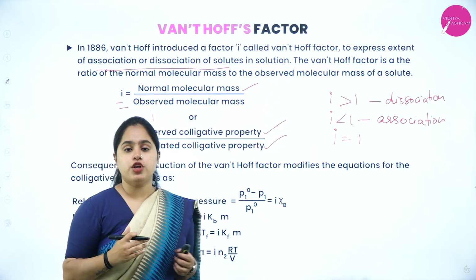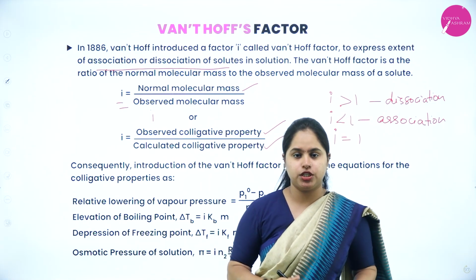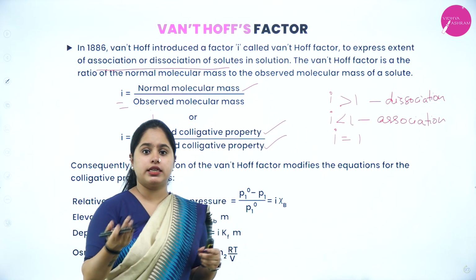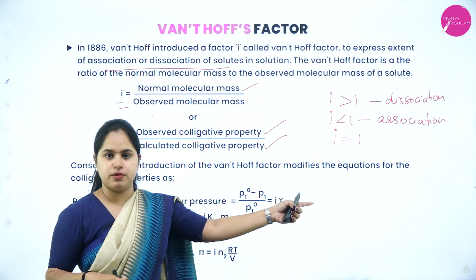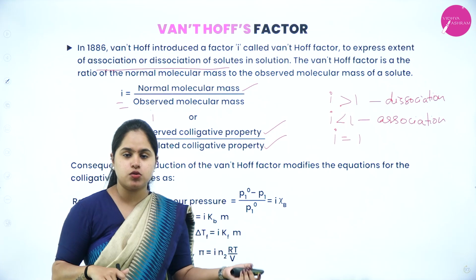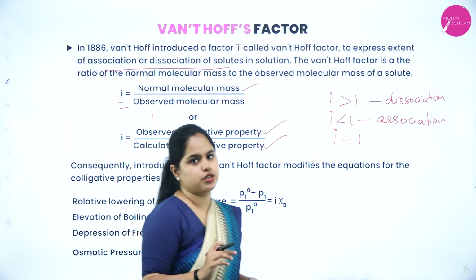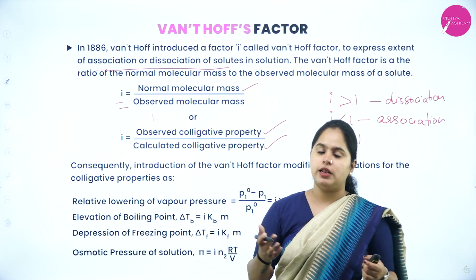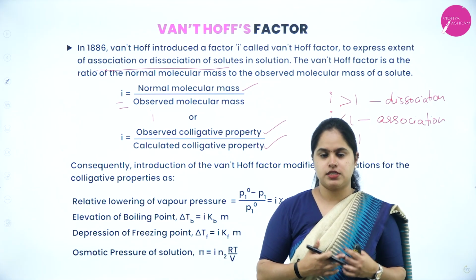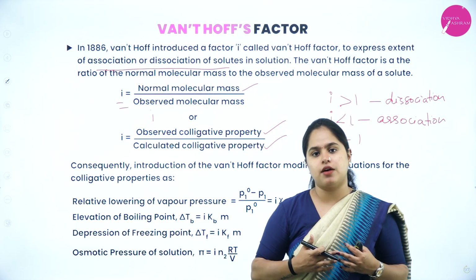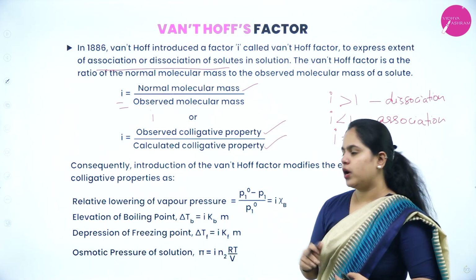So remember how you can calculate the Vant Hoff factor with either of these equations. If the calculated i value is greater than 1, the solute particles are undergoing dissociation, and if it is less than 1, it is association, and if it is equal to 1, it neither undergoes association nor dissociation. So the molar mass will be the correct one itself, that is, it doesn't have an abnormal molar mass. An abnormal molar mass happens because the solute is undergoing either association or dissociation, right? So I hope it is clear.